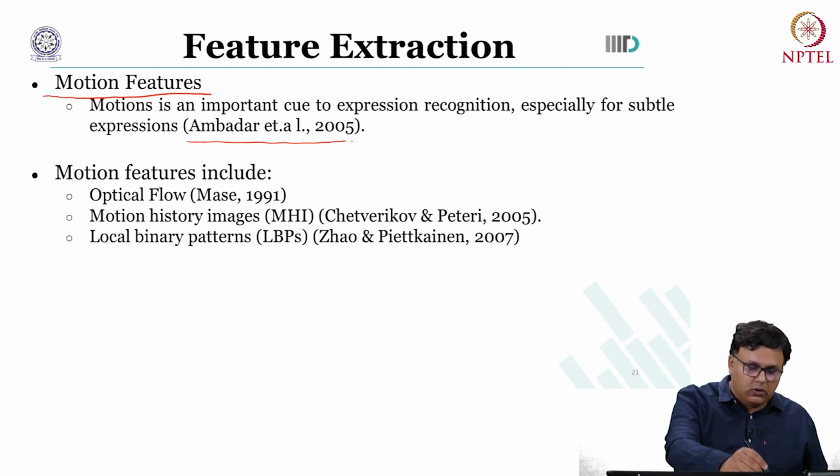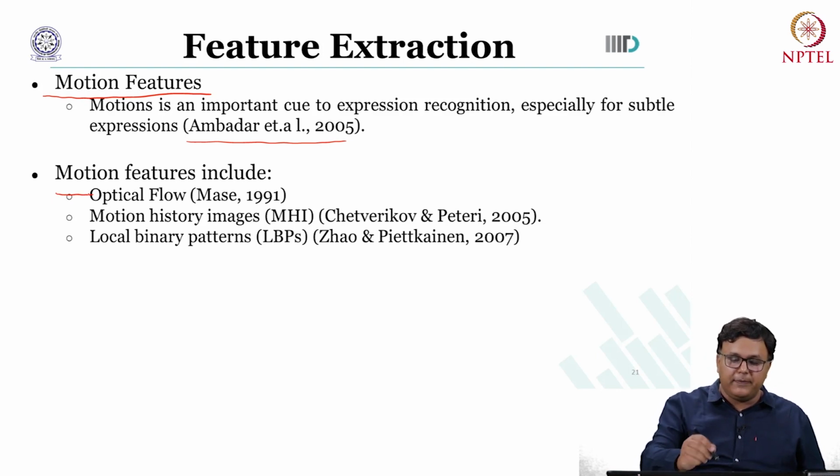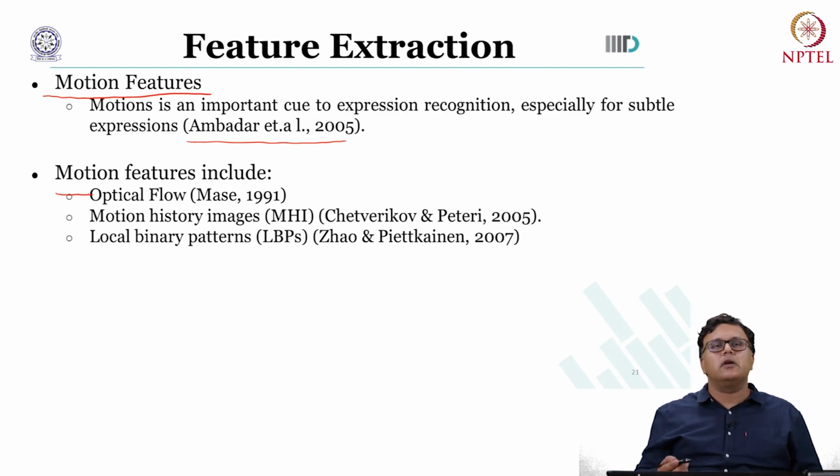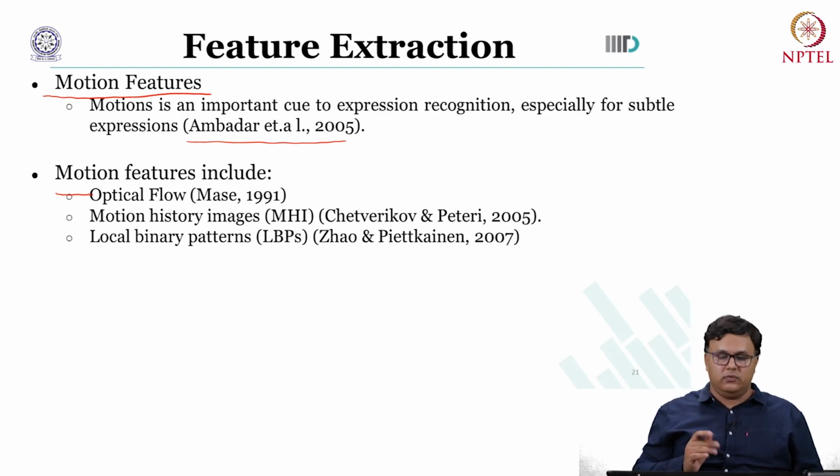So the first one is optical flow. So optical flow is a traditional computer vision based technique where you say, well, given a series of frames, I want to know where my pixel from frame 1 moved to in frame 2.